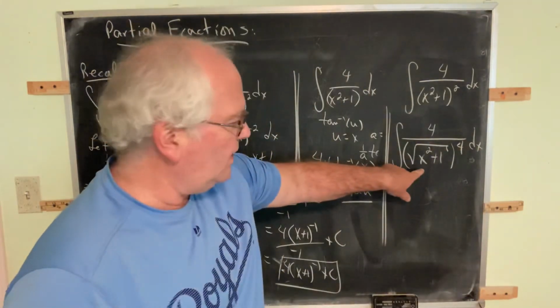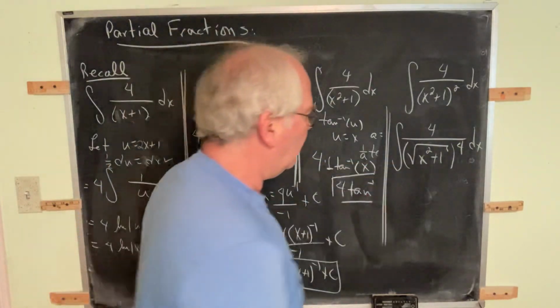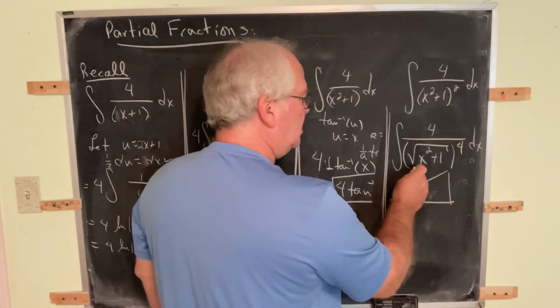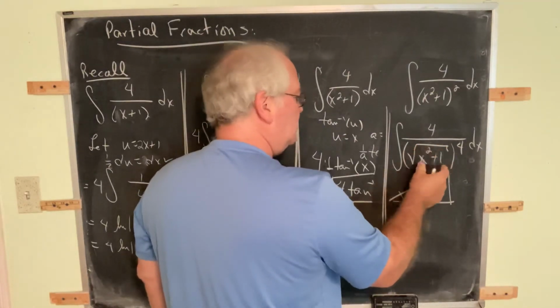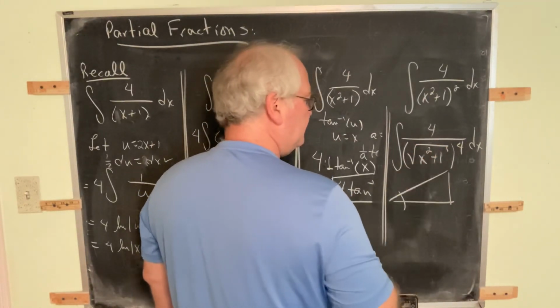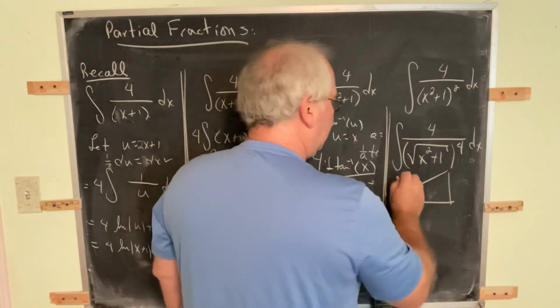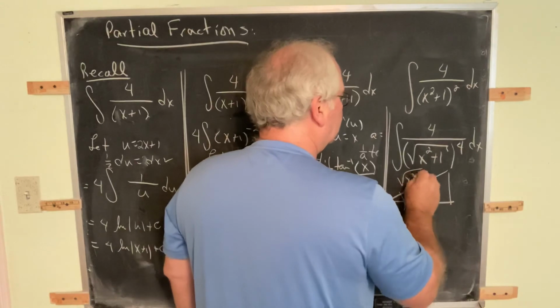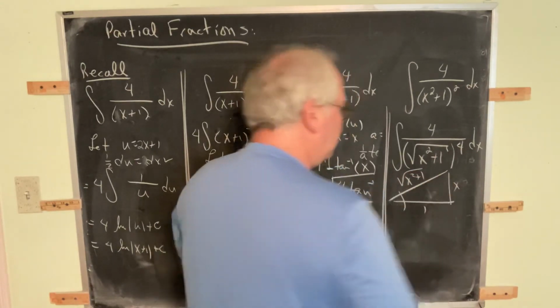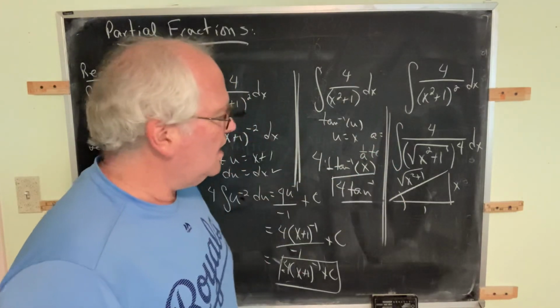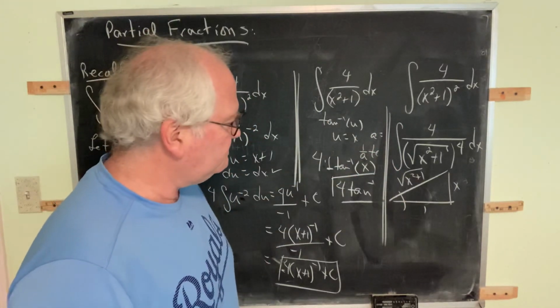And that's an ordinary U substitution, right? I'm sorry, not a U substitution. That's a trig substitution where we have the square root of the sum of squares. Square root of x squared plus 1. That's x, that's 1. This is an ordinary, just go right down the line, trigonometric substitution.